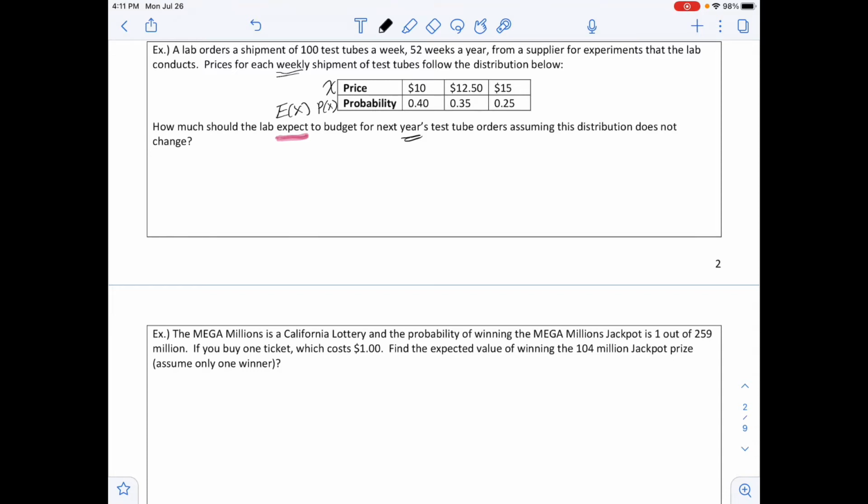So in order to calculate our expected value, use the formula that was listed up above, which is going to be the sum of x times p of x. And so for this case, we have $10 times 0.40 plus $12.50 times 0.35 plus 15 times 0.25.